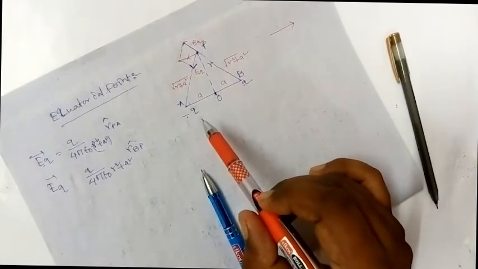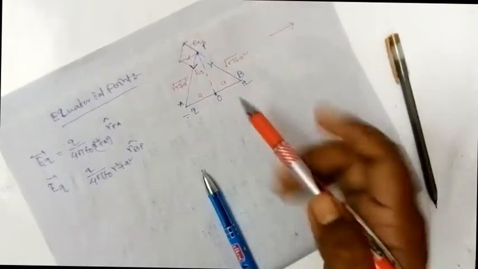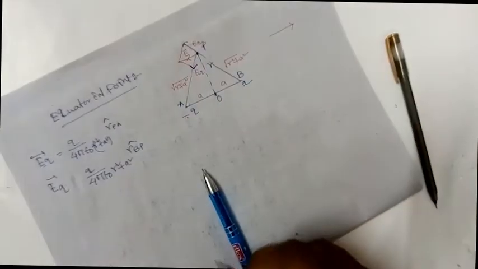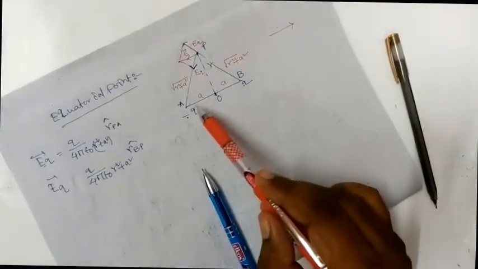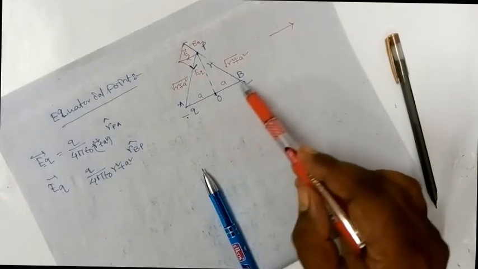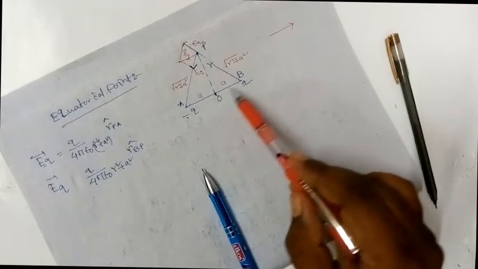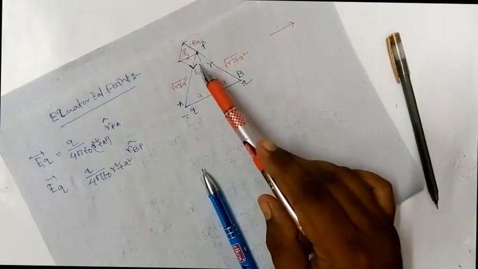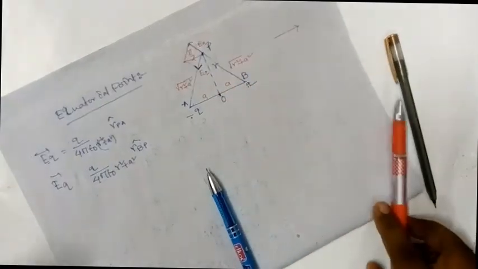What is the utility of it? If the length is the same, then only this resultant electric field E will be parallel to the base, or to the axis of the dipole. Otherwise it shouldn't be parallel. So that simple thing we have to remember.